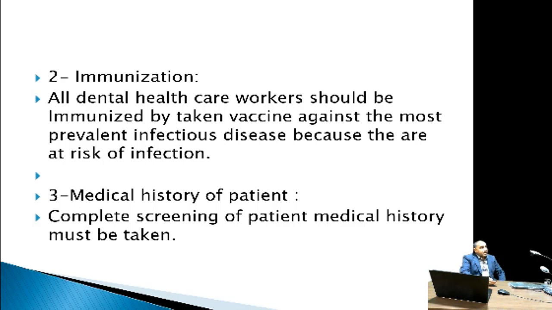All dental healthcare workers, the dentist and the assistant, should be immunized by taking vaccine against the most prevalent infections. The most prevalent infections are hepatitis B and C. They should take the vaccine against the most prevalent infectious diseases because they are at risk of infection.